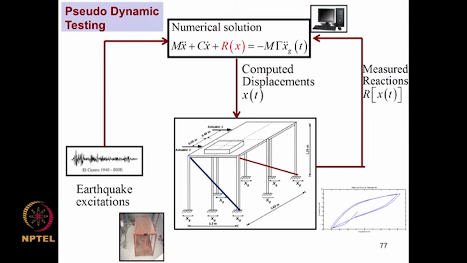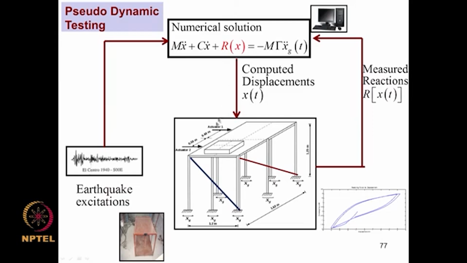Now, the question here from the perspective of this course is we have to integrate this equation of motion. We saw that even when stiffness was completely specified, the question on how these errors grow was not very easy to answer. There were several questions on how to select the schemes of integration and so on. Now, in this pseudo dynamic testing, the errors due to using finite step size and adopting certain integration schemes are compounded by errors due to experimental errors in making measurements.